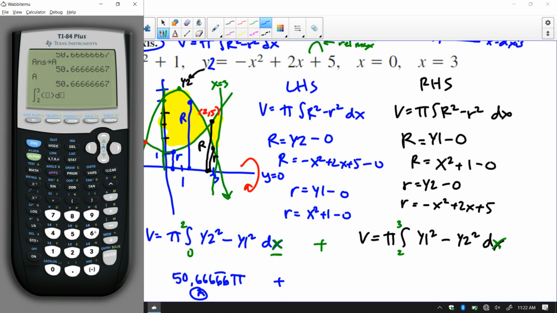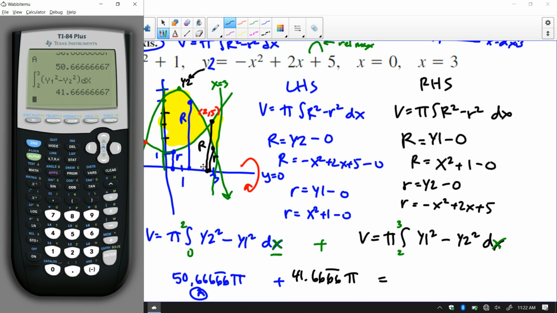And the integrand here is y1 squared, so that's going to be vars, y vars, y1, and then square that, minus vars, I want the y2 now, so vars, y vars, pull out the y2, square that, and I need that dx. Hit enter, and what I get now is 41.6666, pi.